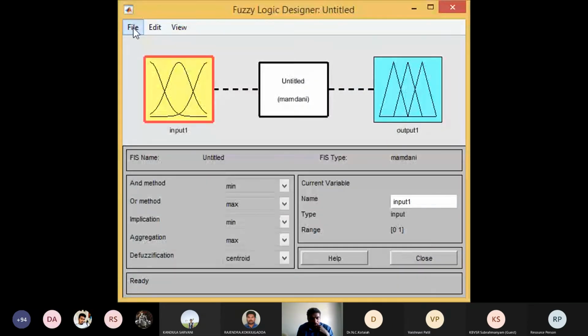Here we need to write fuzzy for export to the top system.